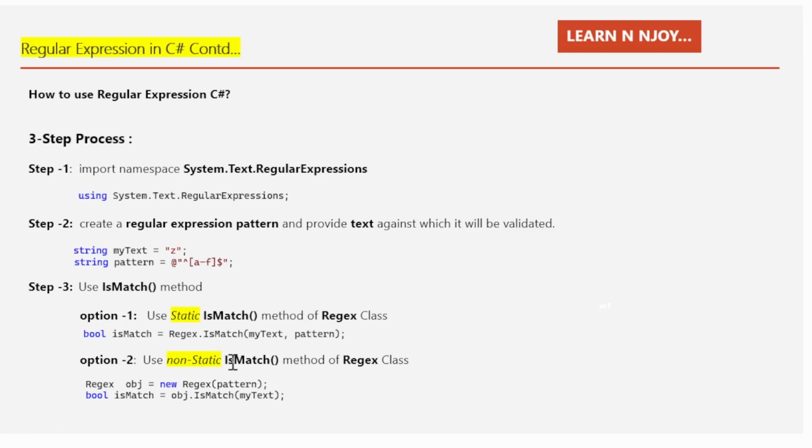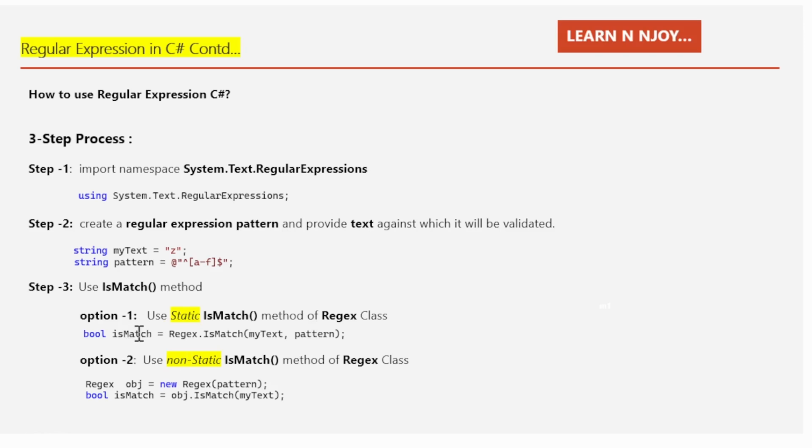I have not created any instance of Regex, because the IsMatch method is a static method that I can call directly with the class name. Here Regex is nothing but the class name. So I have written Regex.IsMatch and passed the parameters to it. It will give us the validation of whether that particular text is valid against this pattern or not. Whatever value we receive, we store into this isMatch variable of the Boolean data type.